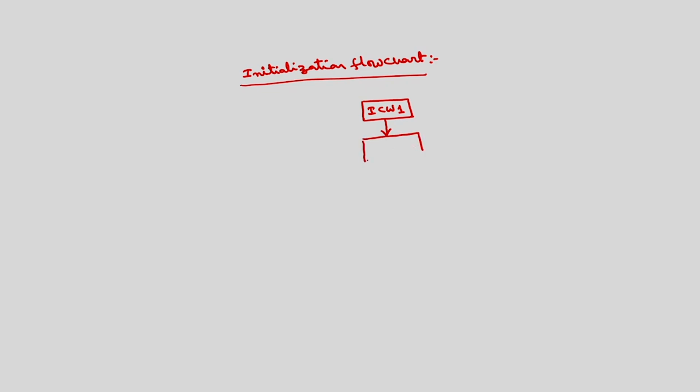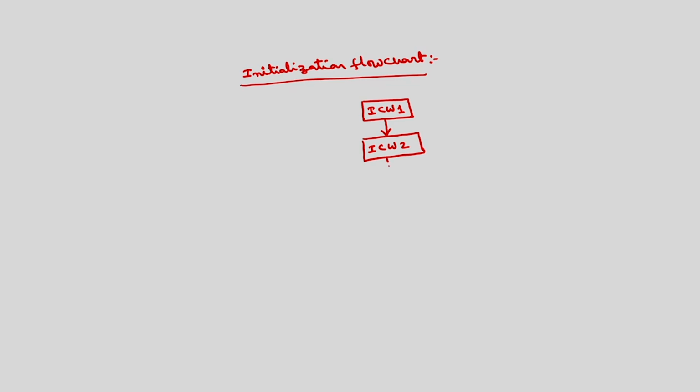In the flow chart for this initialization, first is ICW1, and from that it will go to ICW2. These 2 are mandatory. I will draw the formats of ICW1 and ICW2.